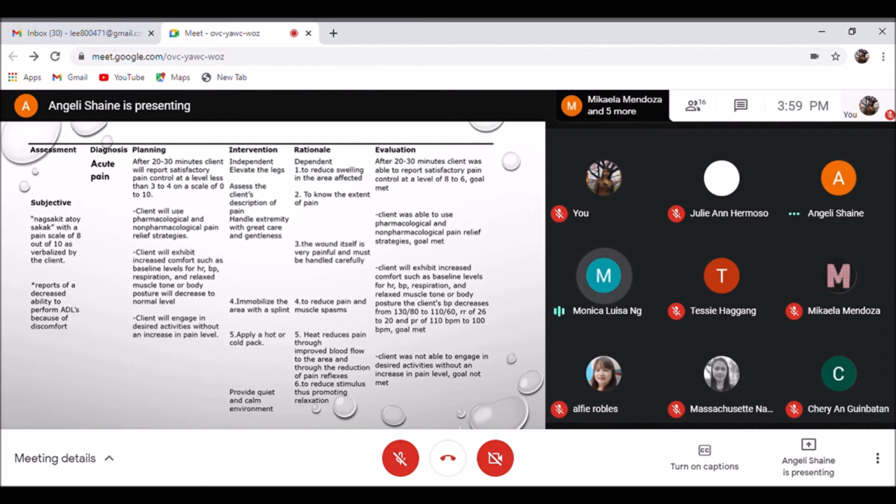After 20 to 30 minutes, client will exhibit increased comfort such as baseline level, relaxed muscle tone or body posture. The client's BP decreases from 130/80 to 110/60, RR of 26 to 20, and pulse rate of 110 beats per minute to 100 beats per minute. Goal met. Client was not able to engage in desired activities without an increase in pain level. Goal not met.